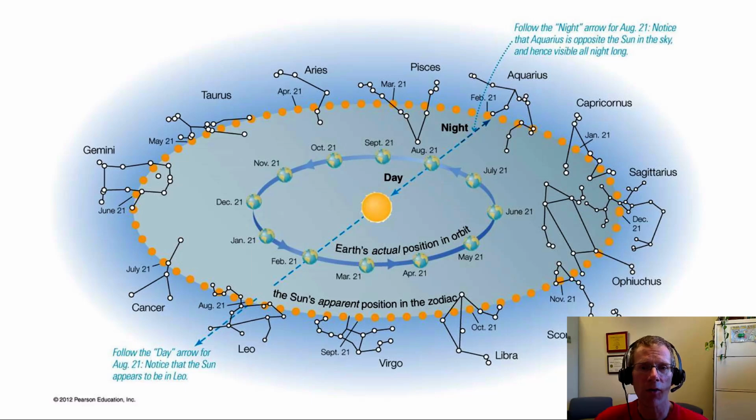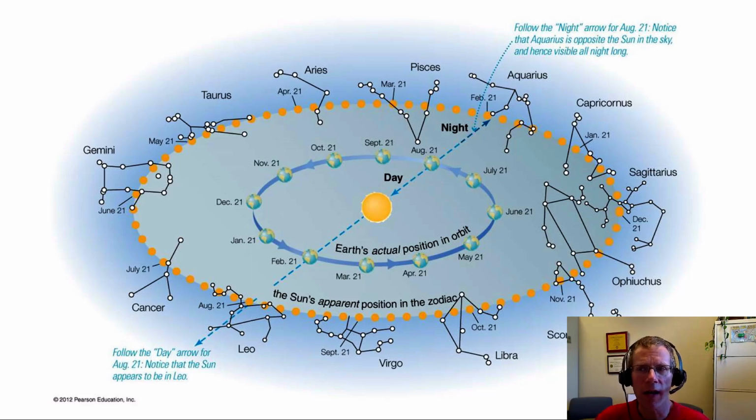The best time to see Aquarius isn't February 21st because the sun is in line with Aquarius then. The best time to see Aquarius would be 6 months later, or August 21st. And the same pattern holds true for all of the constellations.